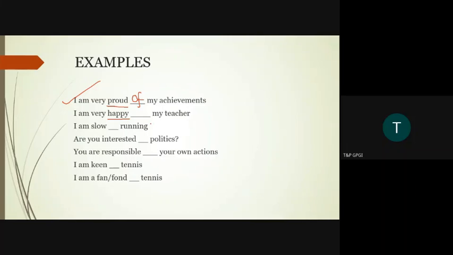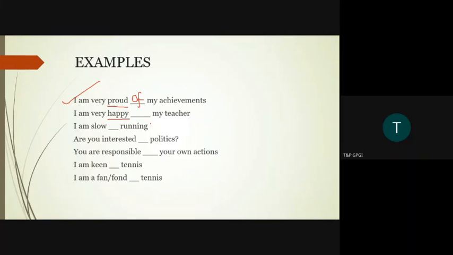Other examples of the preposition with are: I am angry with my sister, or I am getting annoyed with you, or I am bored with this game, or your teacher is pleased with your progress. So here, happy, angry, annoyed, bored, pleased, these are the adjectives, whereas with is a preposition.